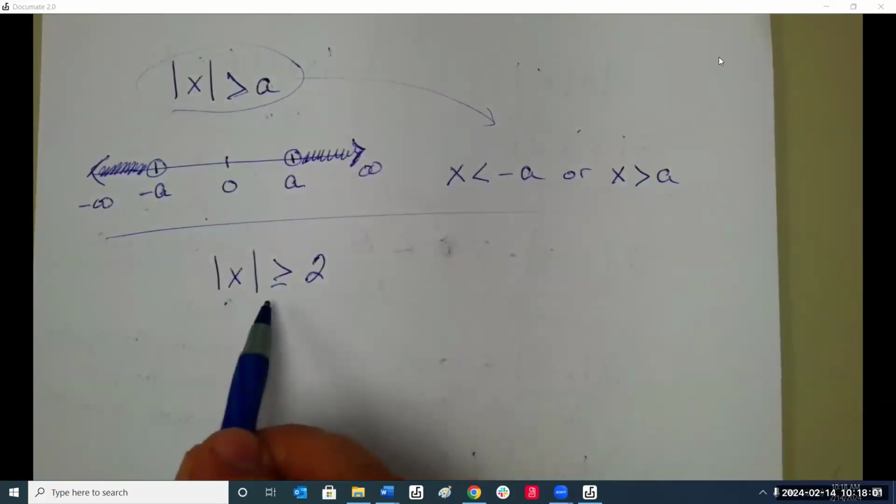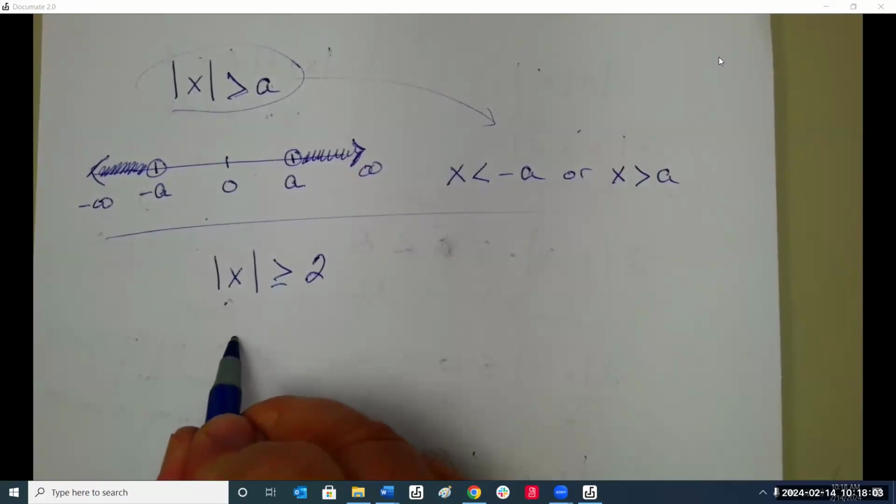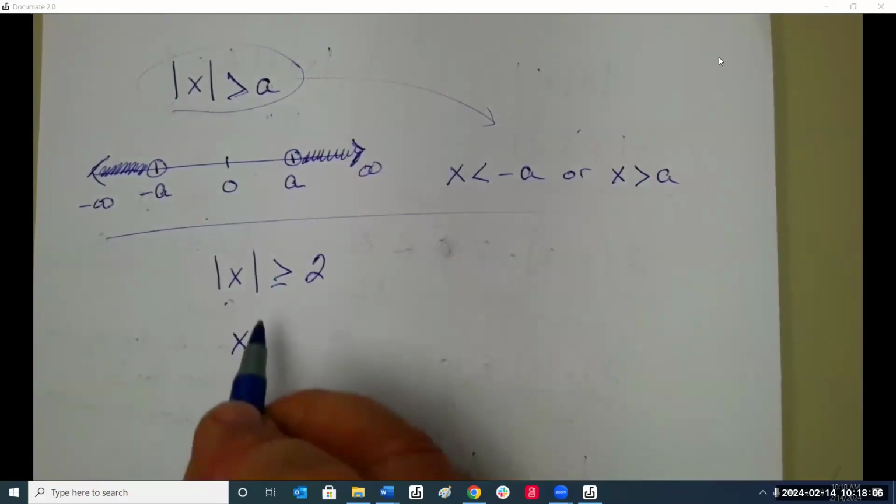So in this example, I drop the absolute value sign.